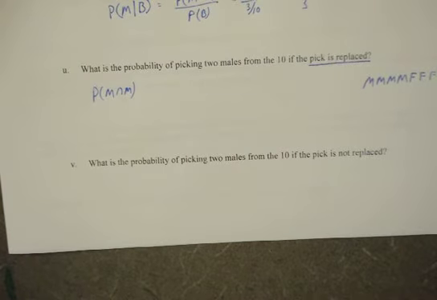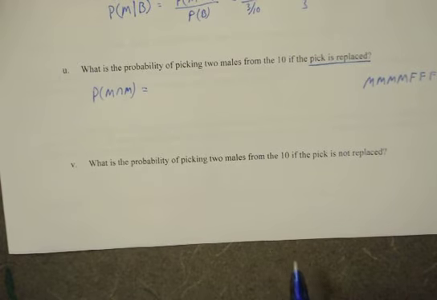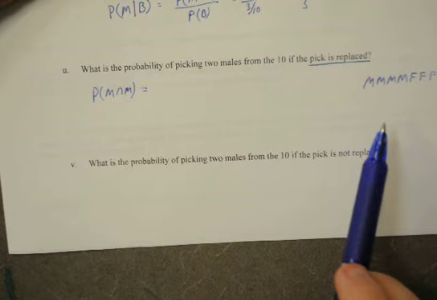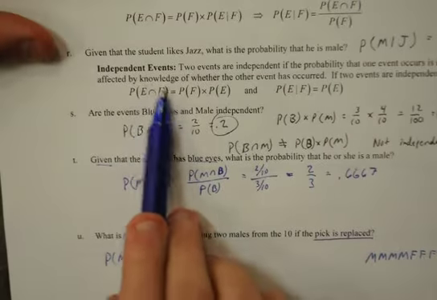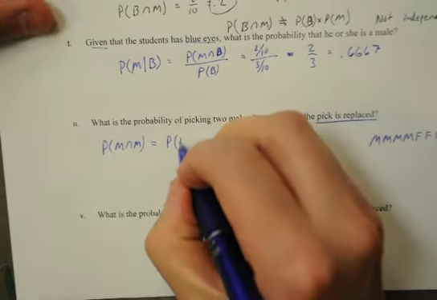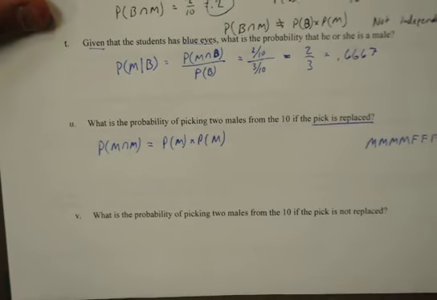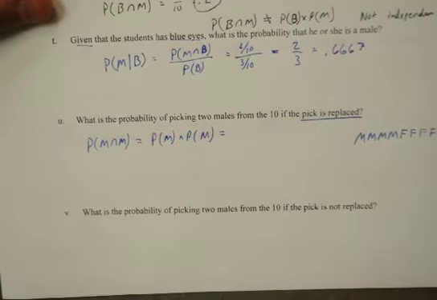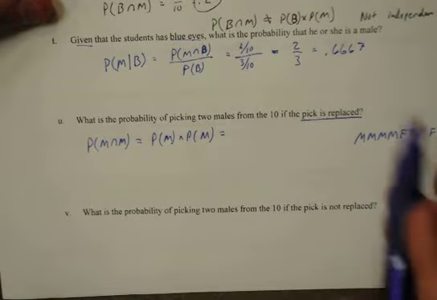Now, because I'm replacing, these are independent events, and to find the probability of 2 independent events, you just multiply. So we're just going to do the probability of male times the probability of male. What's the probability of picking a male out of here? There's 4 out of 10.